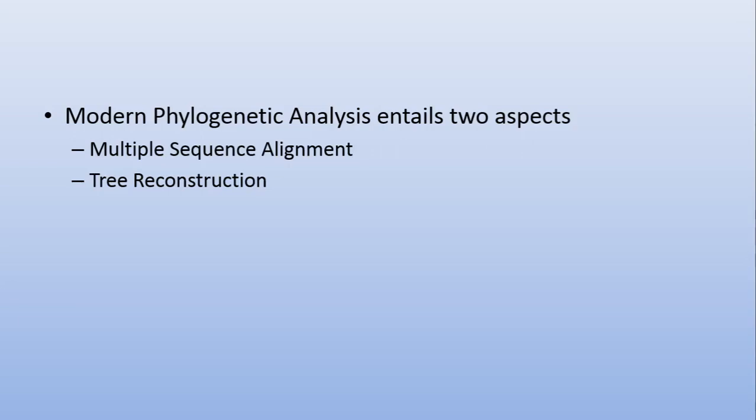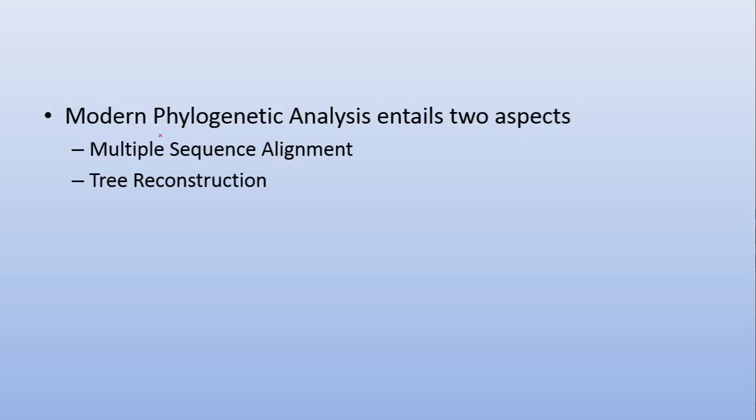So to begin with, modern phylogenetic analysis has two aspects. The first aspect would be generating an effective multiple sequence alignment of a given set of sequences, and these sequences can be amino acid sequences or protein sequences, or nucleotide sequences as such.